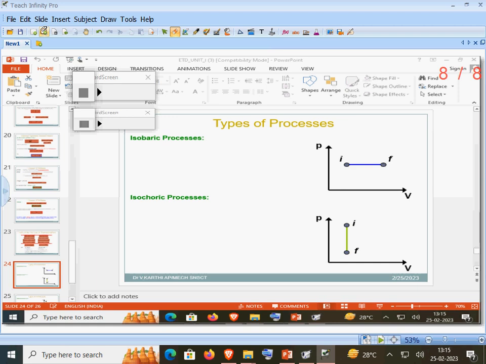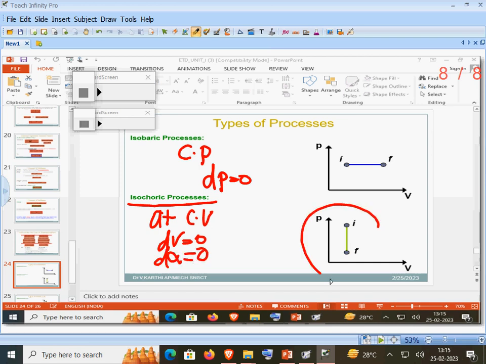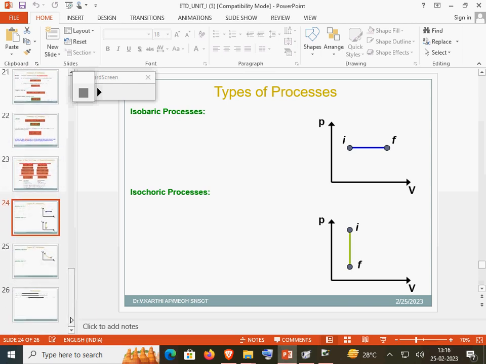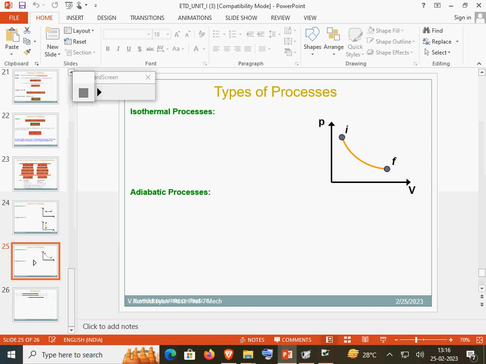Next one is types of process. Isobaric process: the transformation at constant pressure, dP equals 0. Isochoric process: transformation at constant volume, dV equals 0.